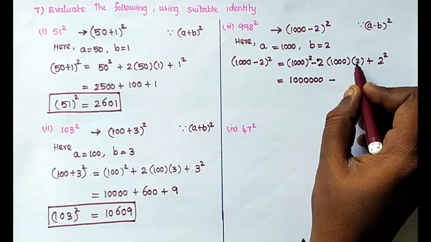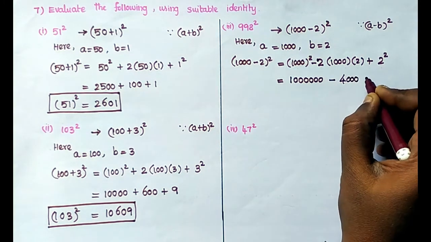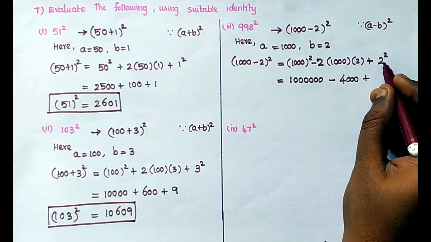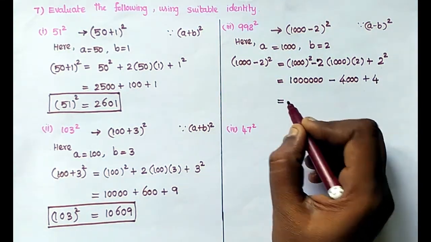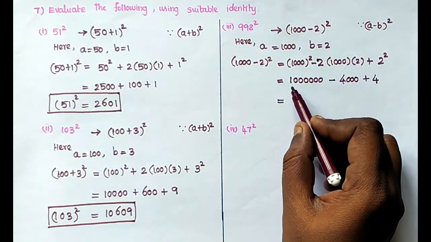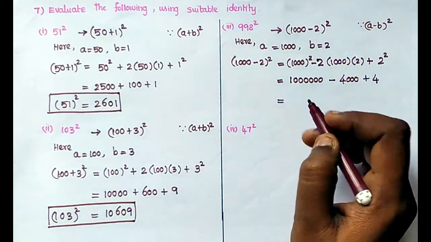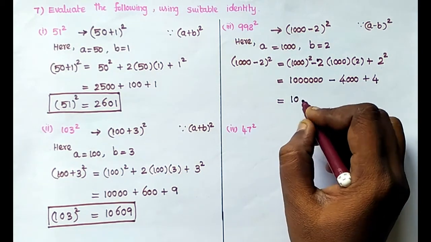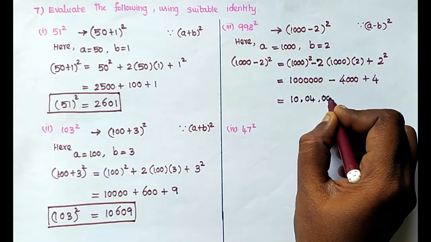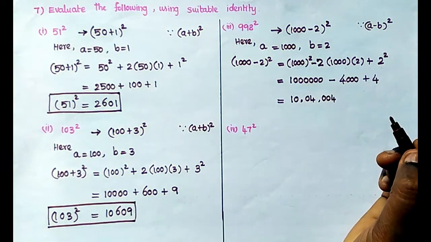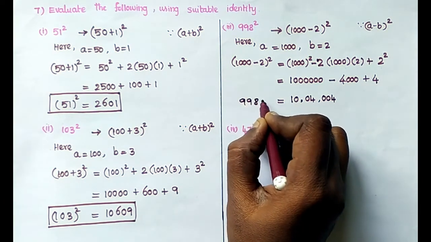Minus 2 2s are 4 into 1000, 4000, plus 2 squared, 4. So simplify this: 10 lakhs minus 4000 plus 4, we get 10 lakhs 4004? That is the 998 whole square.